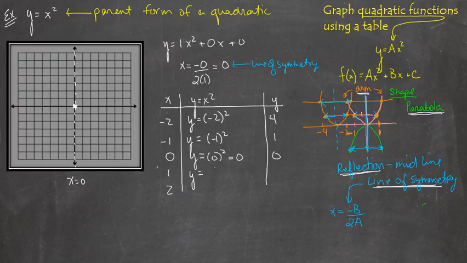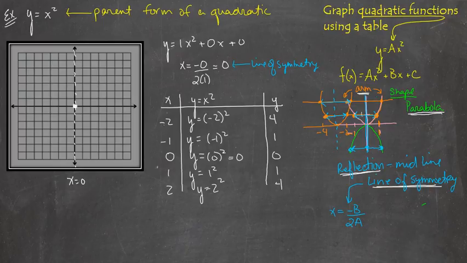Down here, y equals 1 squared, which equals 1, and y equals 2 squared, which equals 4. And you can already sort of see that reflection across the line of symmetry where the outputs are the same. Different inputs, but the same output.